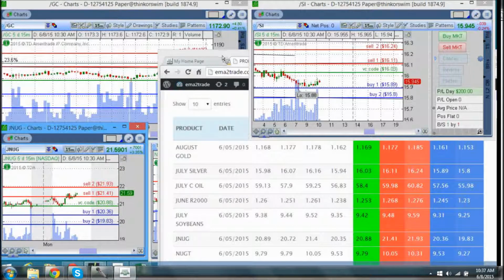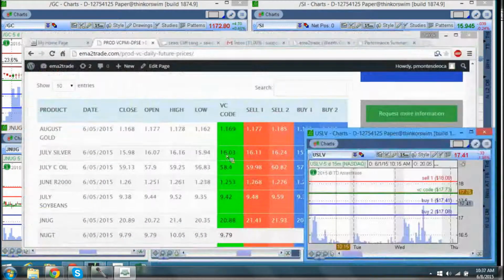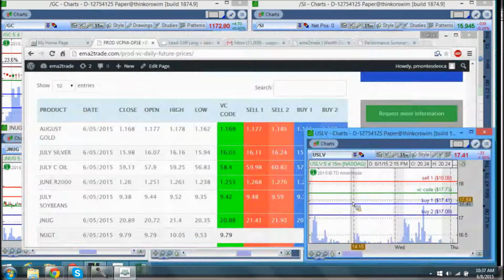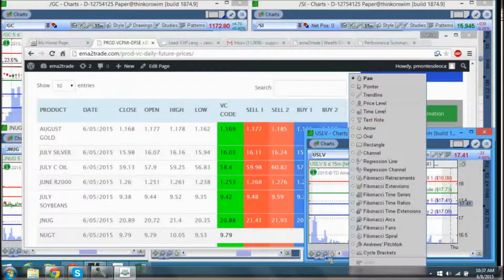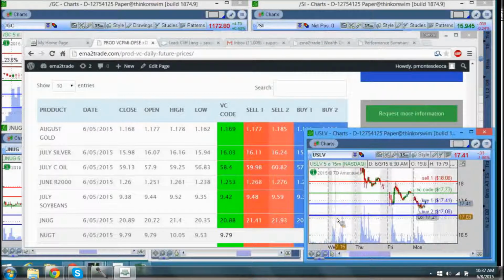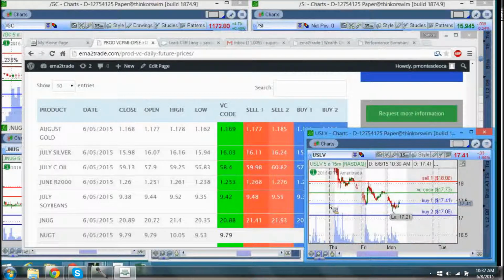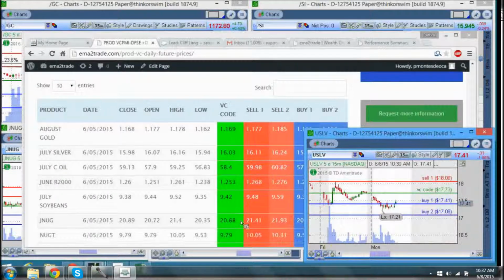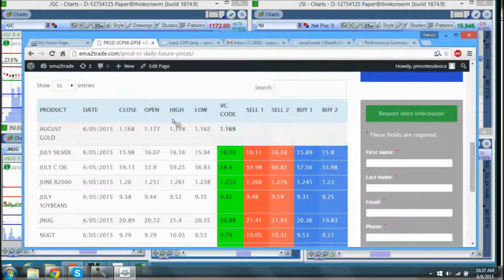Or in the silver market, basically we use ETFs like USLV. We manage the risk to basically eliminate the overnight margin obligation of a futures contract by positioning ourselves with an ETF like USLV, which is in the silver market.